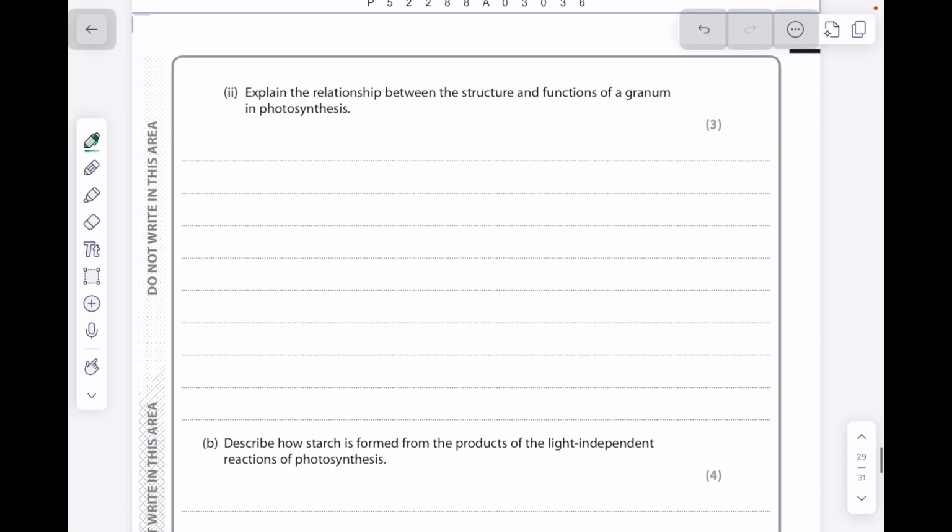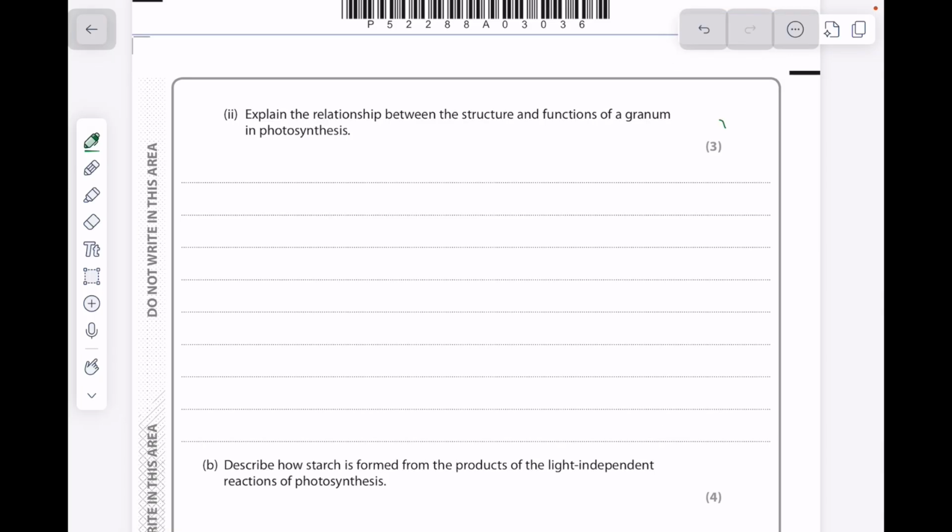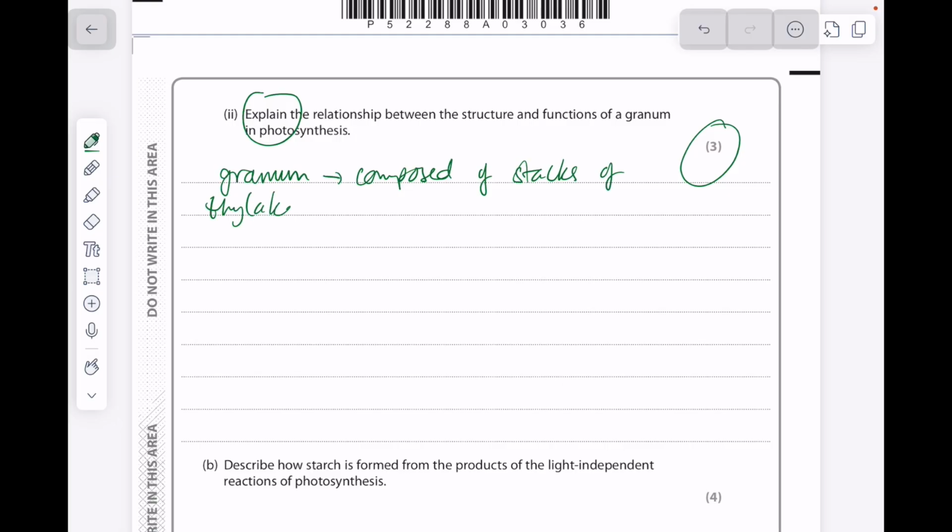Explain the relationship between the structure and functions of a granum in photosynthesis. 3 marks. Okay, so the granum, explain now. So the granum is composed of stacks of thylakoid membrane.